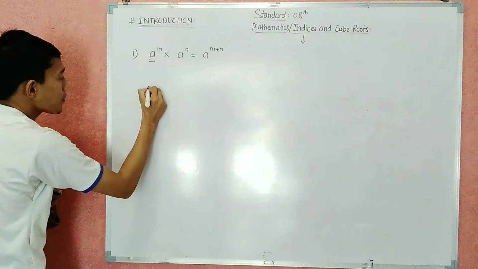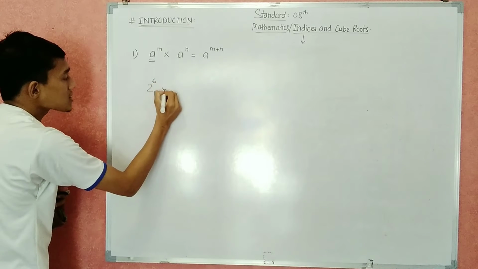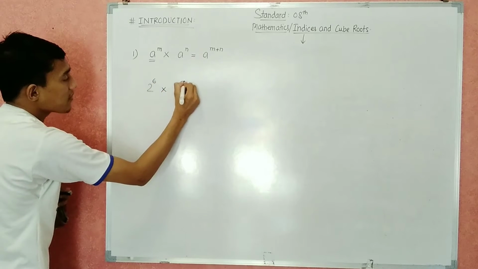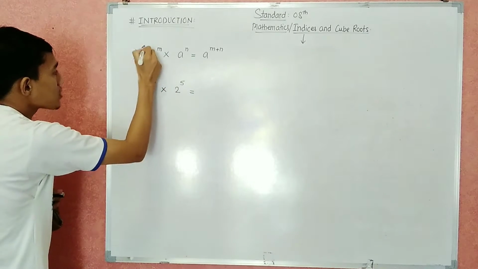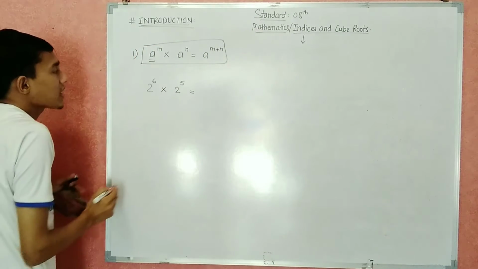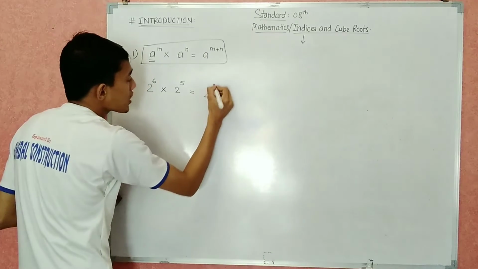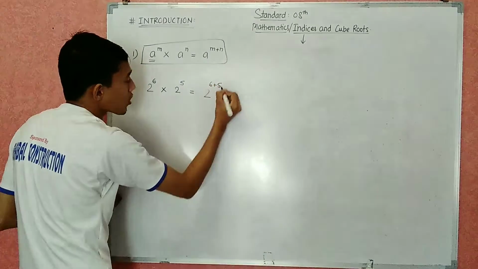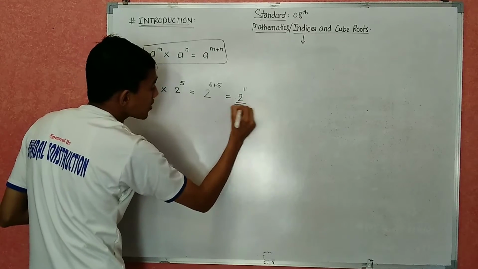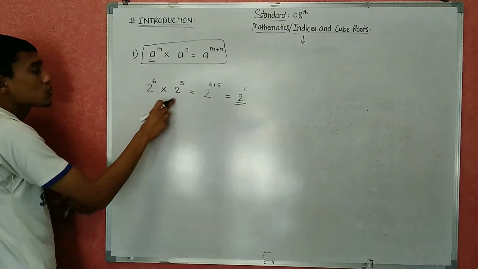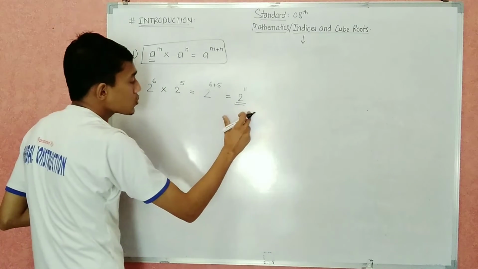For example, 2 raised to 6 into 2 raised to 5. According to the first law, we can write 2 raised to 6 plus 5. 6 plus 5 is 11, so 2 raised to 6 into 2 raised to 5 is equal to 2 raised to 11.